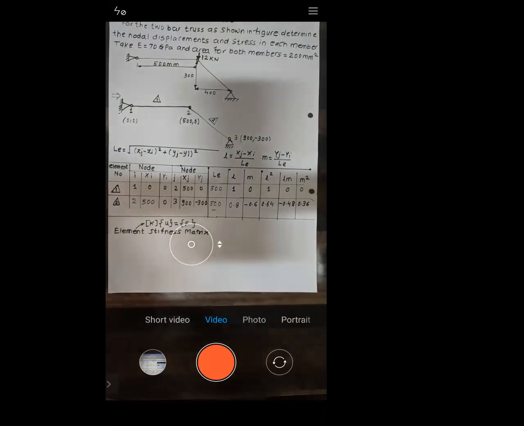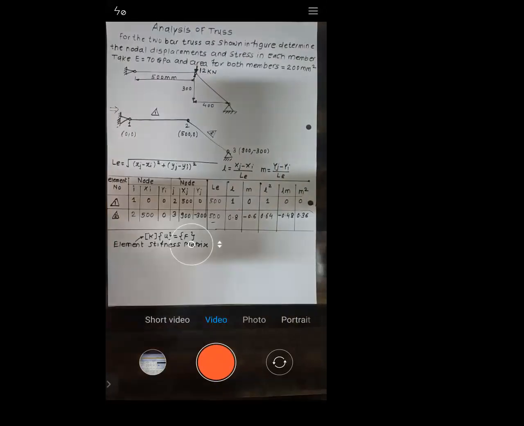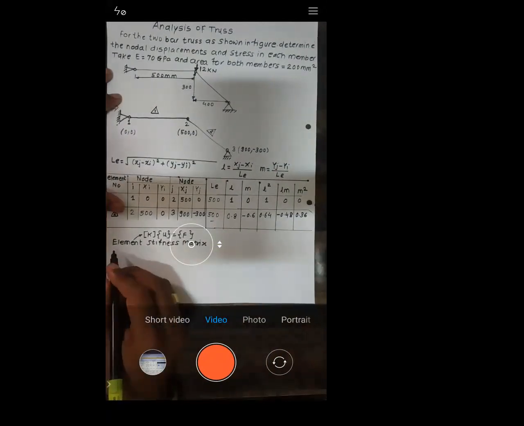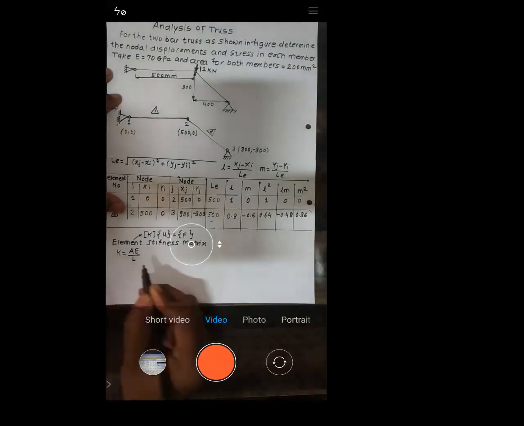Now this problem belongs to truss. So for truss, the value of element stiffness matrix K is given by AE by L.